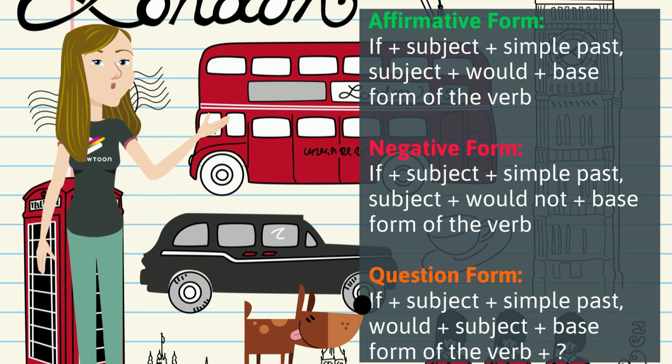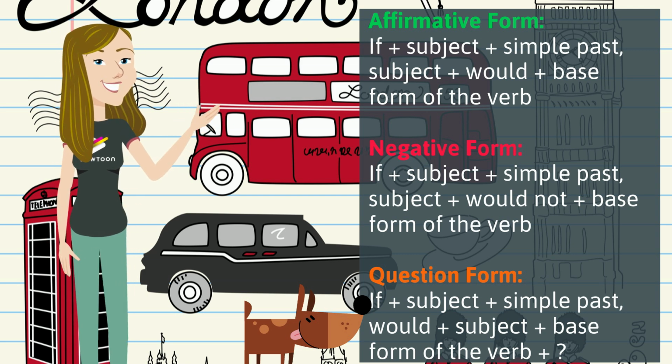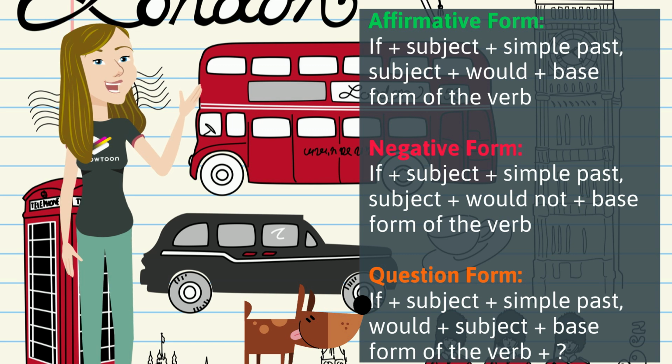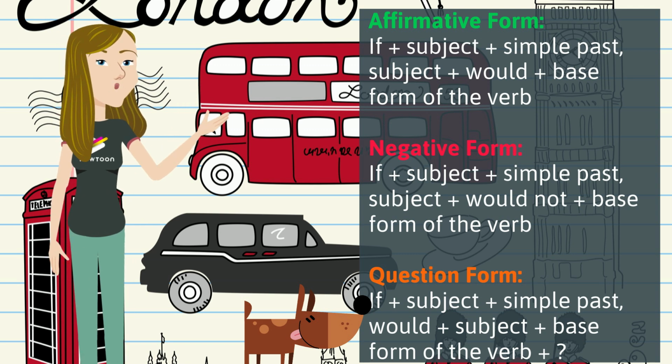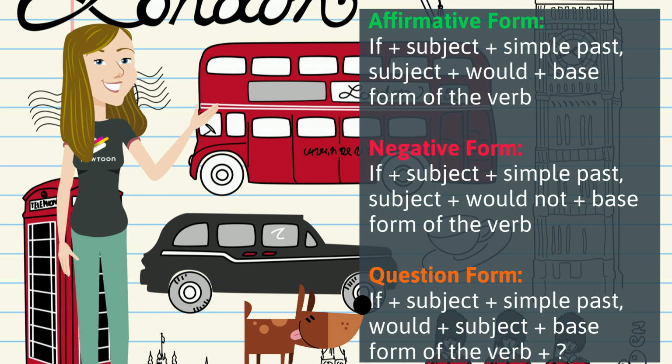We have if, subject, simple past, subject, would not, and finally the base form. And the question form. If, subject, simple past, would, subject, base form of the verb.